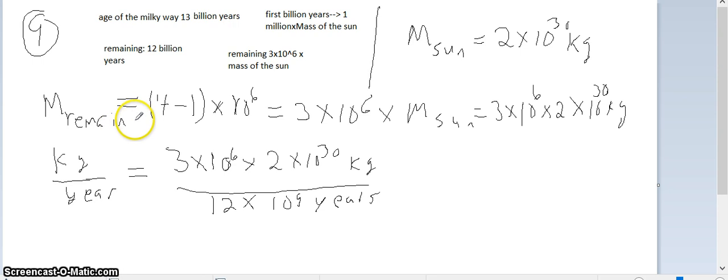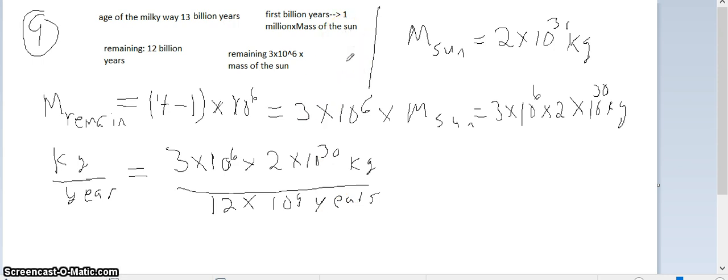So what's remaining is 4 minus 1 million, so there's 3 times 10 to the 6th times the mass of the sun remaining. That's the numerical value that goes in the numerator. So 3 times 10 to the 6th times 2 times 10 to the 30th. That'll be in kilograms, and then you divide by 2 times 10 to the 9th years, because that would be 12 billion years, the amount of time remaining.